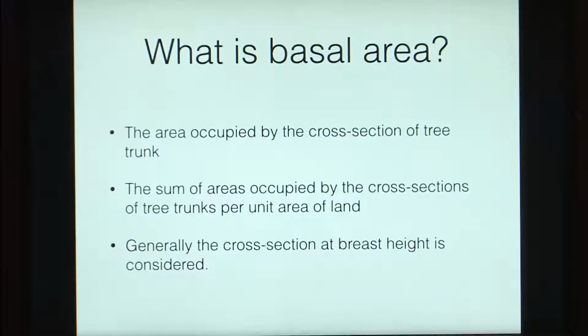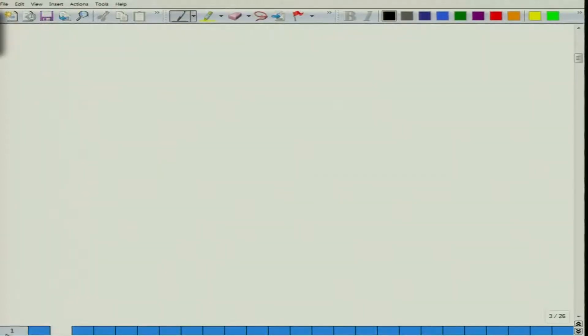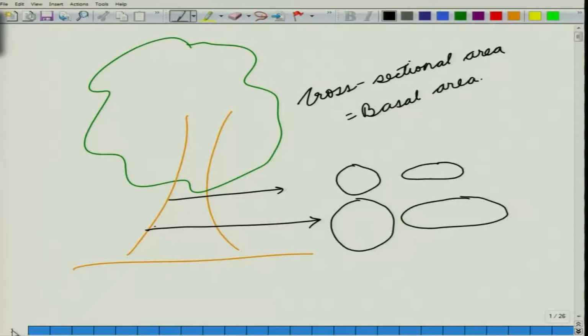Now coming back to the slides, generally the cross section at breast height is considered. So essentially, here we could take the basal area at any location, 1, 2 or some other location, 3, 4 or so on, but generally the basal area at the breast height is taken to be the standard basal area.